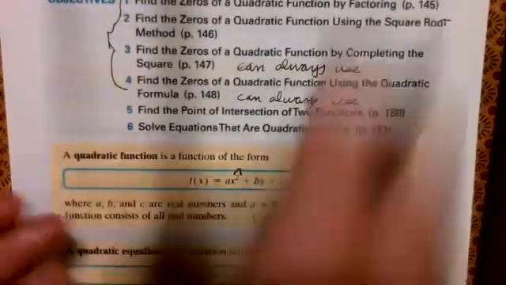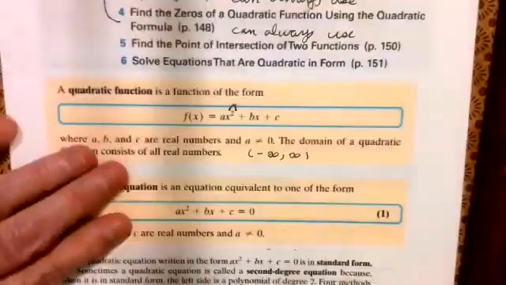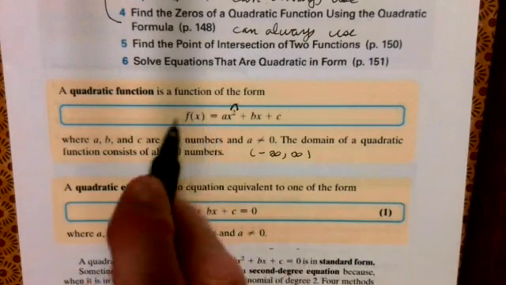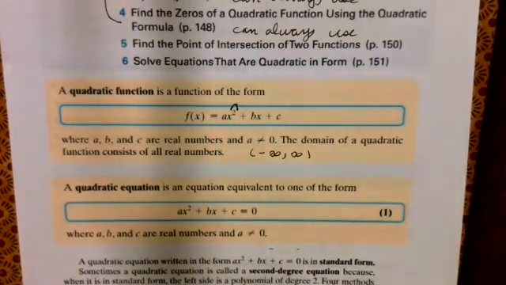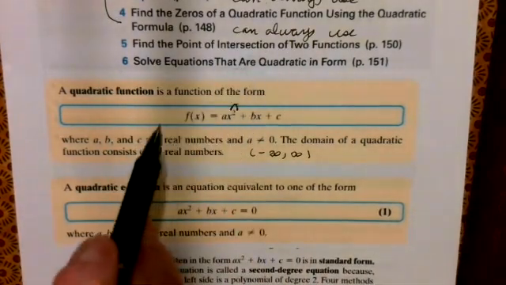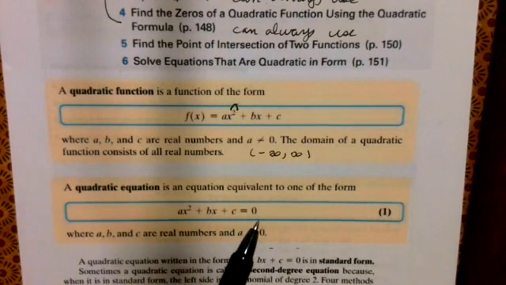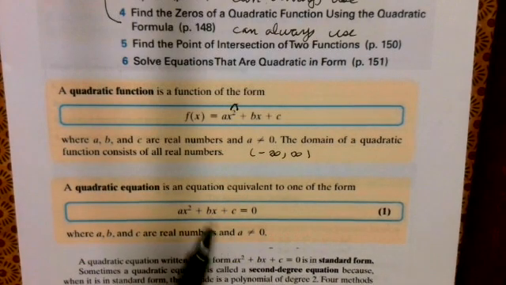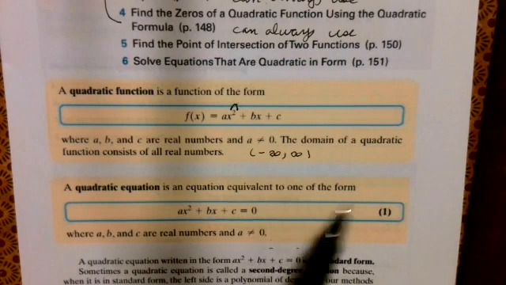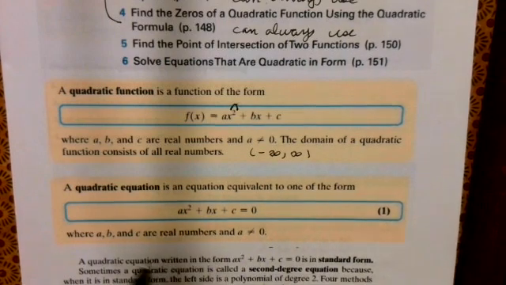Now, we're going to be talking about the zeros of a quadratic function, so we have to talk about a quadratic equation. A quadratic equation looks like this. This is equivalent to this form, basically, where a, b, and c are real numbers and a doesn't equal 0.